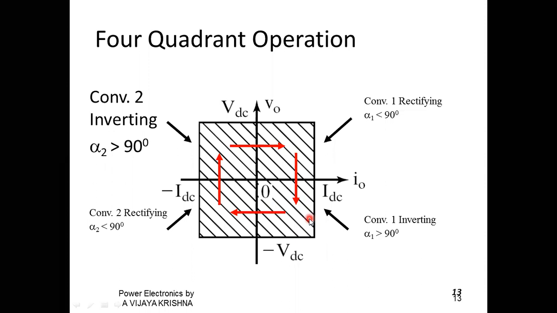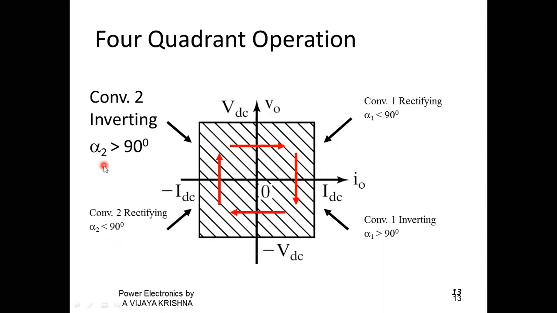But in case of four quadrant operation, if you observe the complete four quadrant operation, this is the second quadrant operation, alpha 2 value greater than 90 degrees. This is nothing but inverting. Here we are using two converters. By using these two converters, we get inverting and also rectifying operations with the firing angle value changing, that is alpha 2 less than 90 and alpha 2 greater than 90.